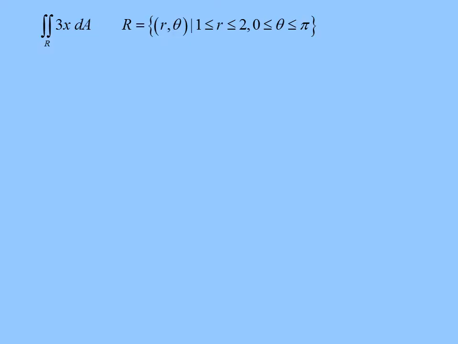So let's work this example so you can see how this plays out. We're trying to do the integral of 3x over the region described here. Now let's draw a graph of this region. We've got a graph where we have r's going from 1 to 2 and thetas going from 0 to pi.